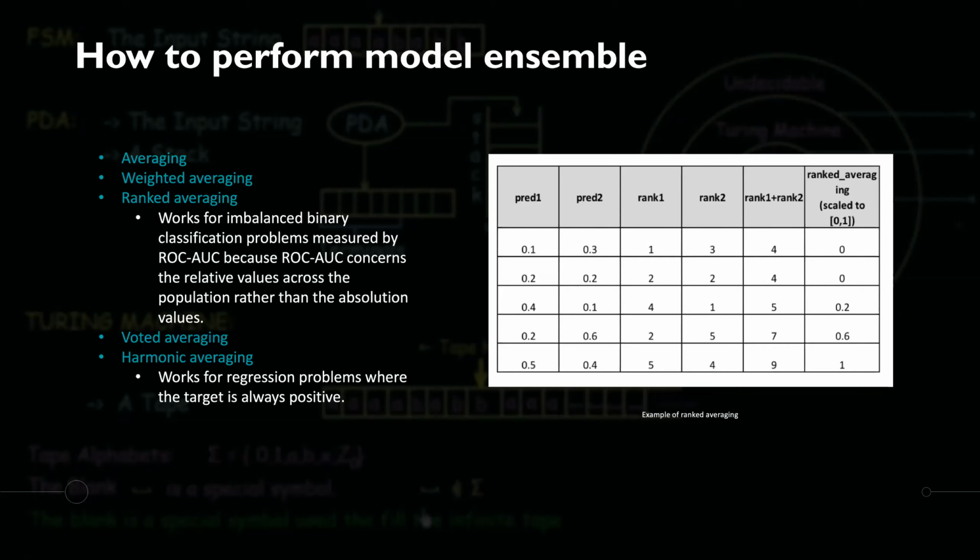What ranked averaging means is that, instead of simply averaging the probability predicted by each model, we would rank the probability of each model, then average the result based on the ranks.